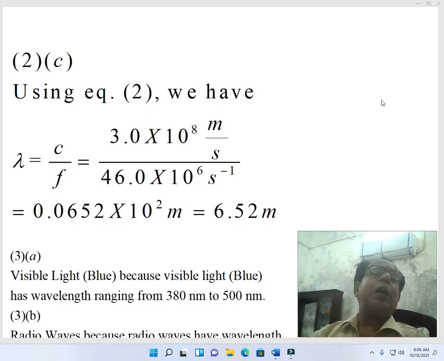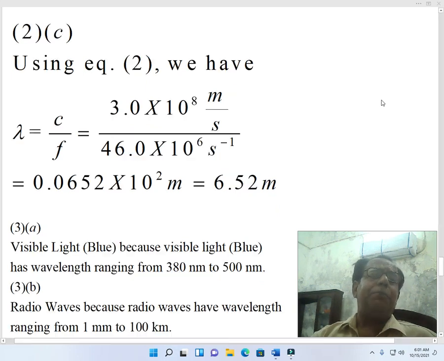Here the frequency is 46 million hertz, 46.0 into 10 raised to the power 6 per second. Putting these values, we get the value of lambda equal to 6.52 meter. So all the three parts A, B, C of the second part have been solved.